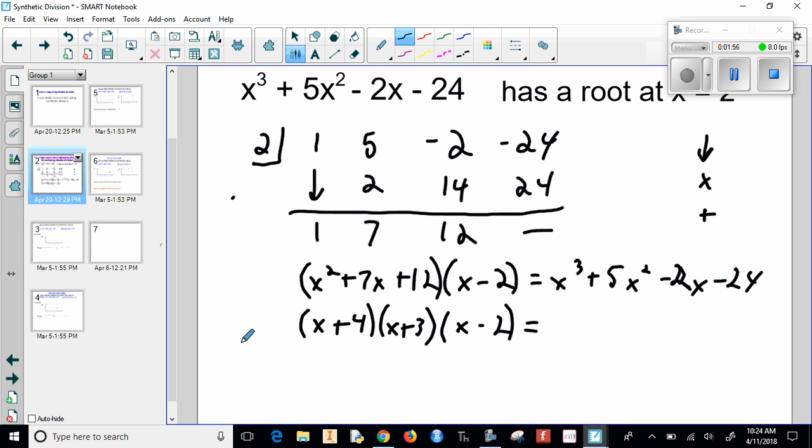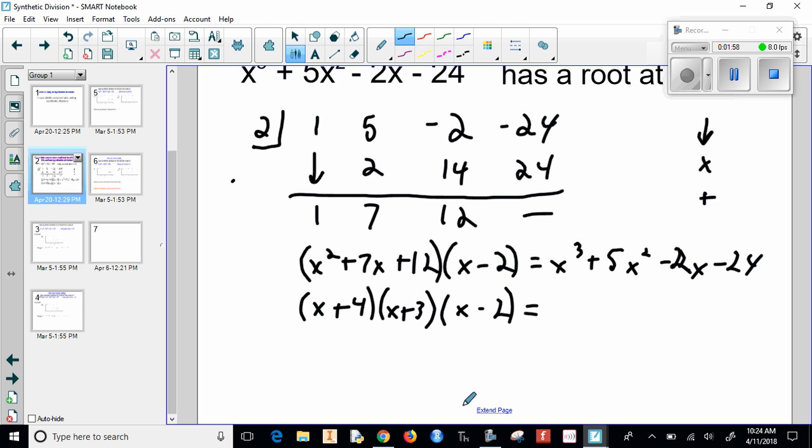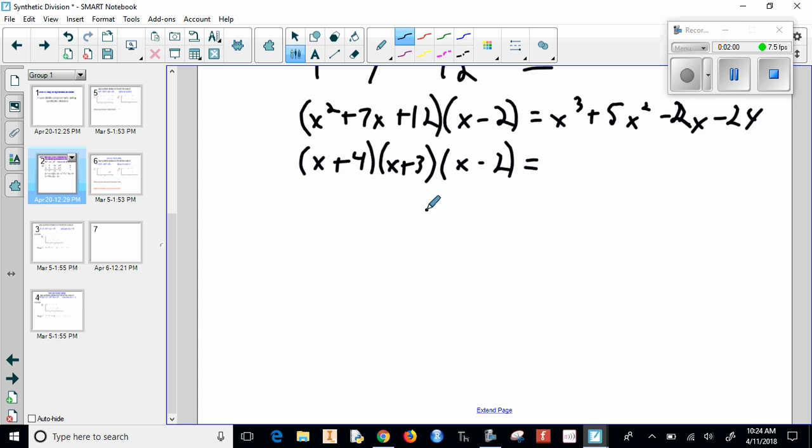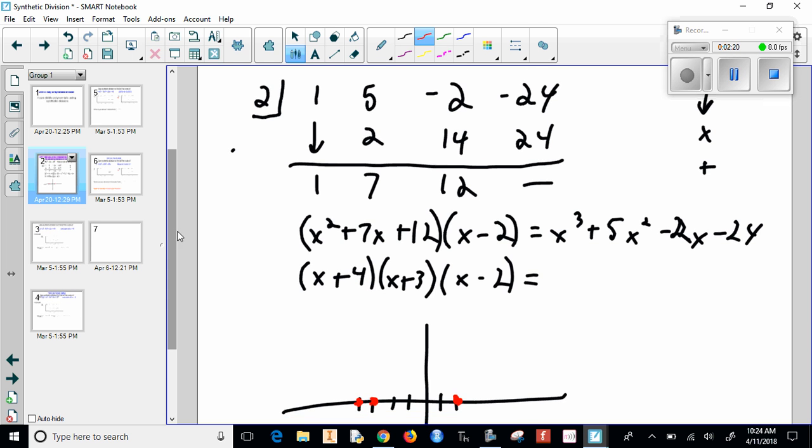And if I want to find the graph of this polynomial, I know it has a 0 at -4. It has a 0 at -3. It has a 0 at 2. And it's a positive leading coefficient, so it's a positive x cubed.